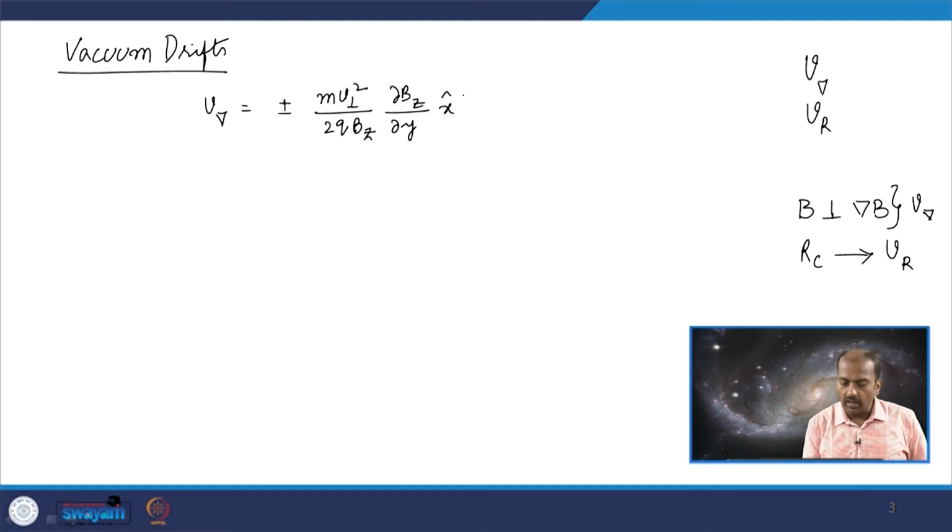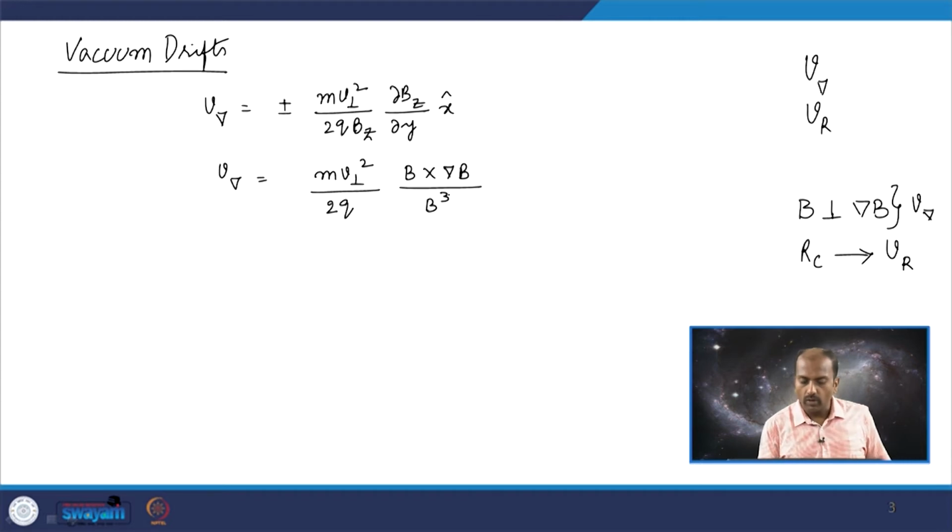We can more conveniently write this as V del equals m V perpendicular square divided by 2q times B cross del B divided by B square. Now, if you substitute your magnetic field to be along Bz and del Bz to be along positive y direction, you will still get the same relation, right.